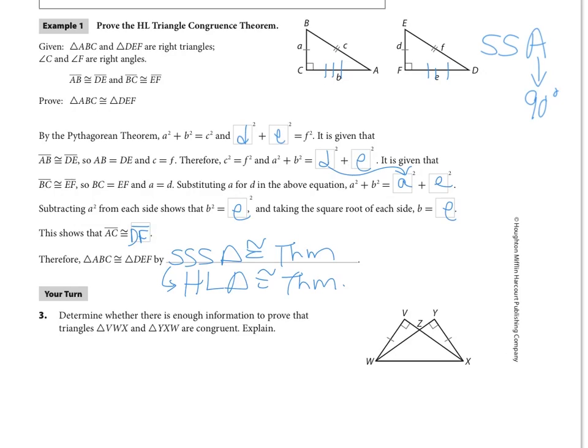So on your turn, number 3, we're basically seeing if there's enough information to prove that the triangles are congruent. If the triangles here have vertical angles at VZW and YZX, then this is going to be an angle-angle-side congruence theorem.